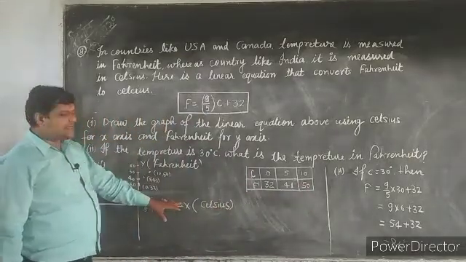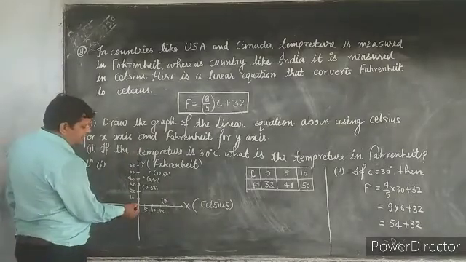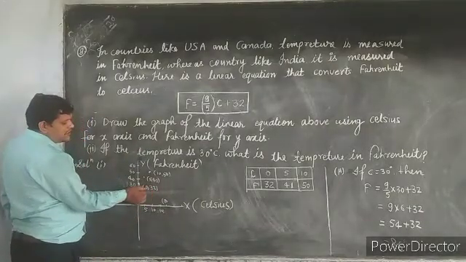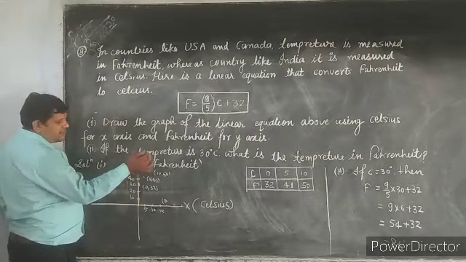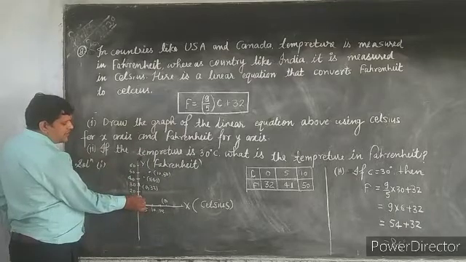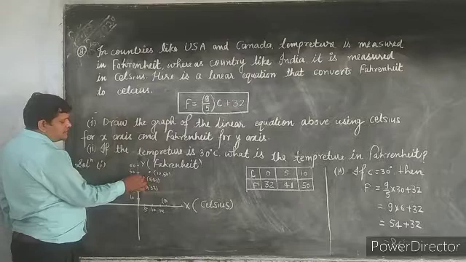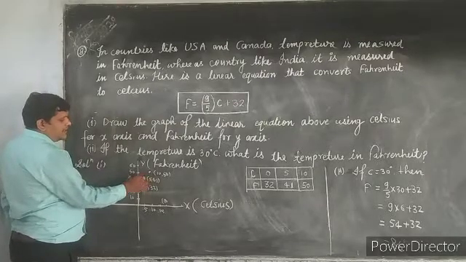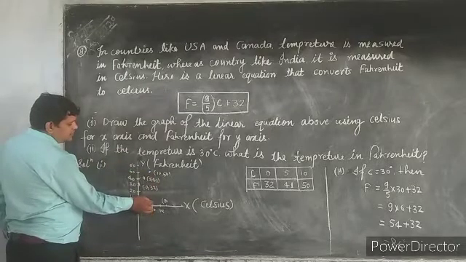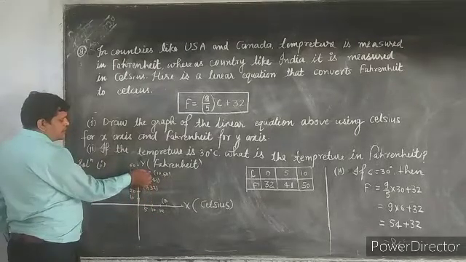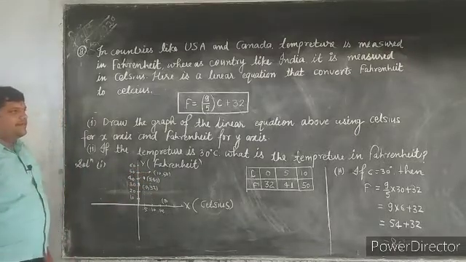So come to the graph. We are taking these points: 0, 32, which is above the 30; for the next point, 5 and 41, which is above the 40; and the third one, 10 and 50, is the point.